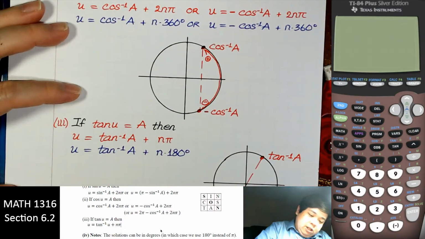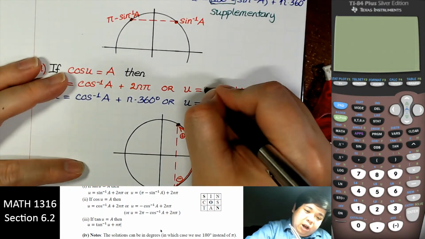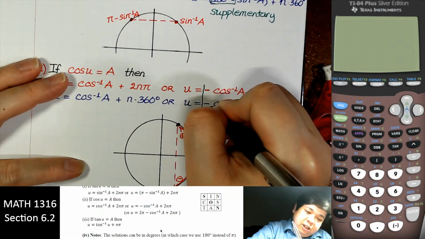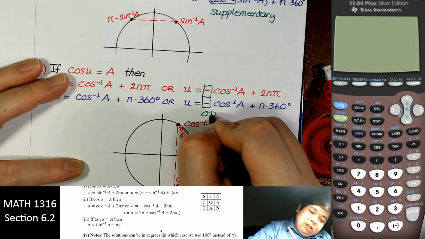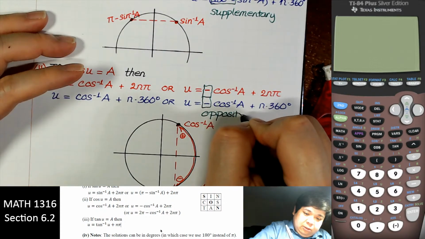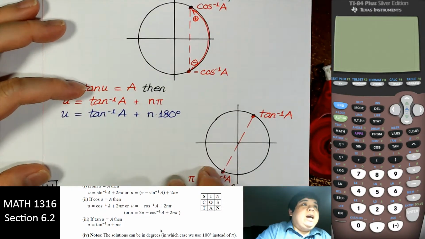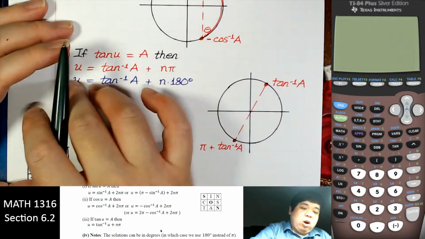So sine is supplement. For cosine, we have a negative sign here, and that is opposite to that. And for tangent, we don't have anything here, just one sign.